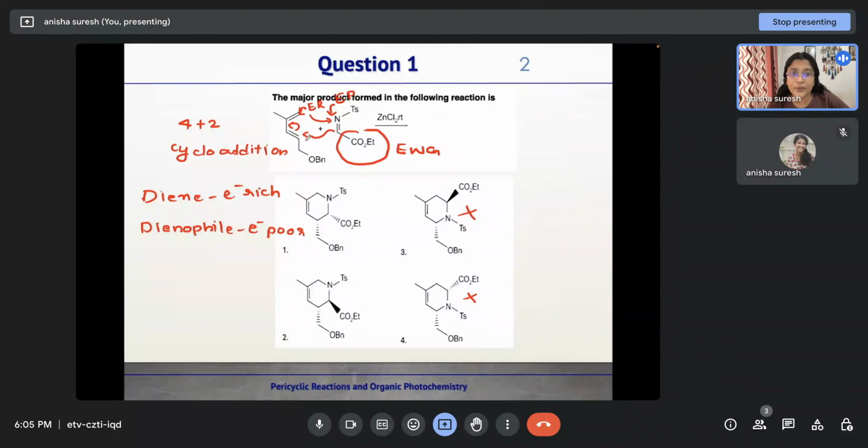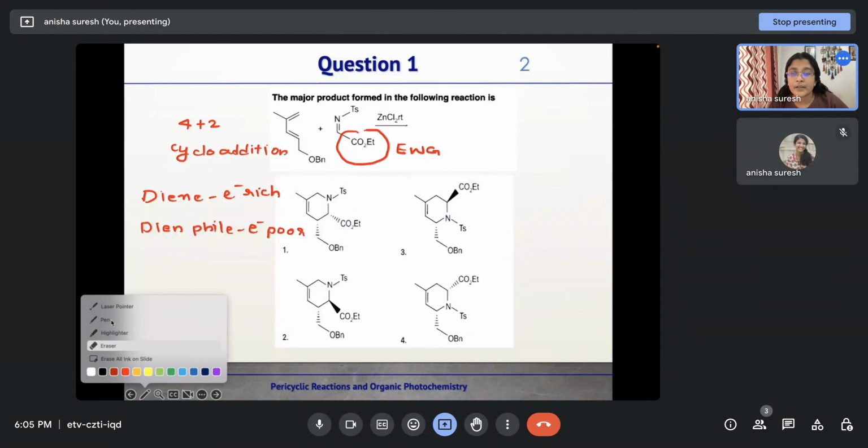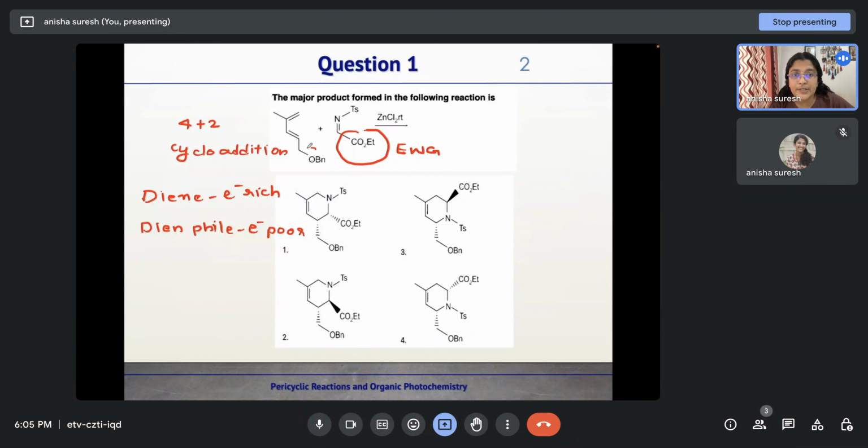Because of the presence of this O-benzyl group, O-benzyl is electron releasing in nature. This group is also electron releasing in nature, and compared to the methyl group, it is more electron releasing. Hence, this center.